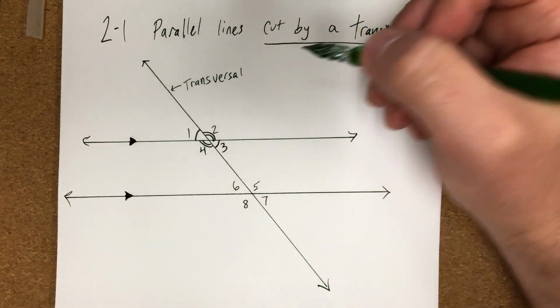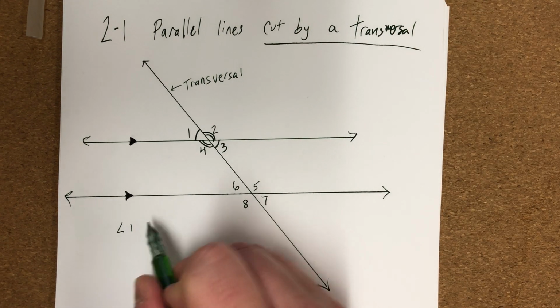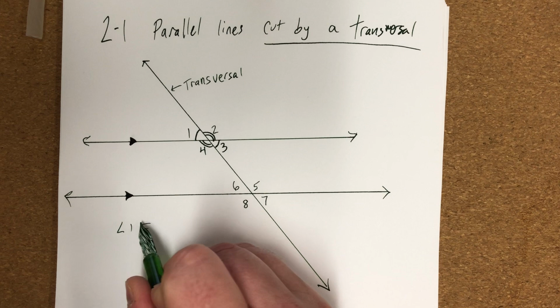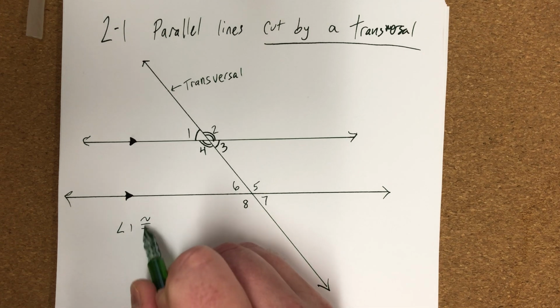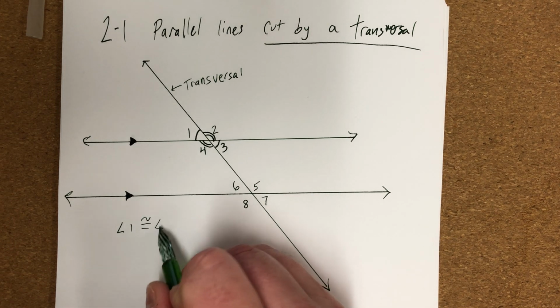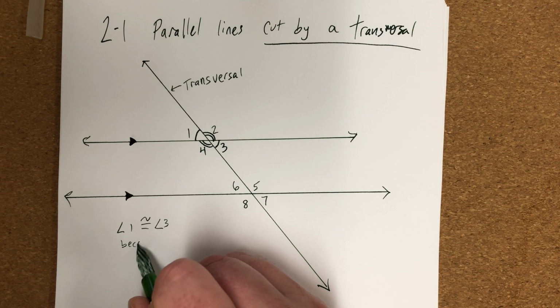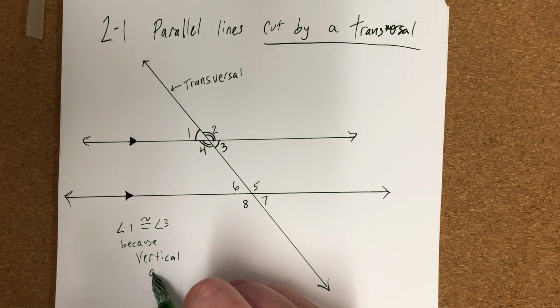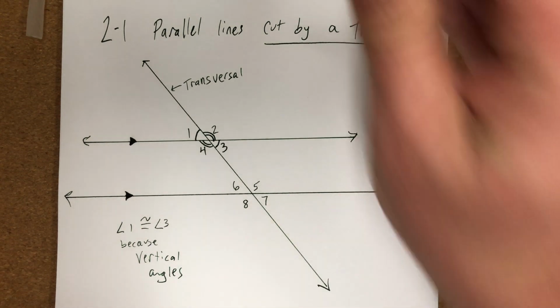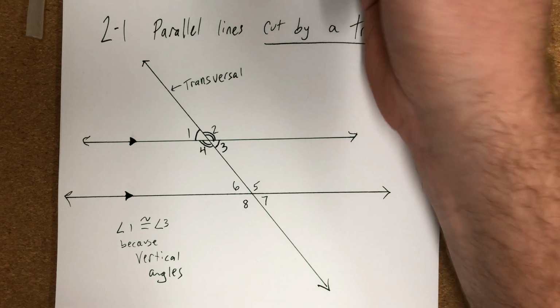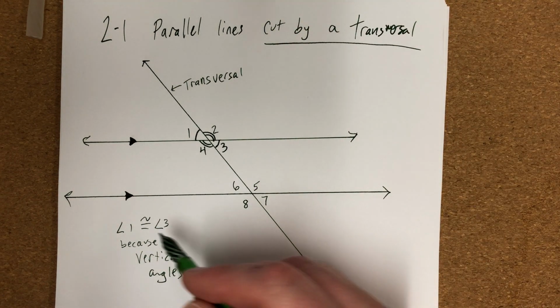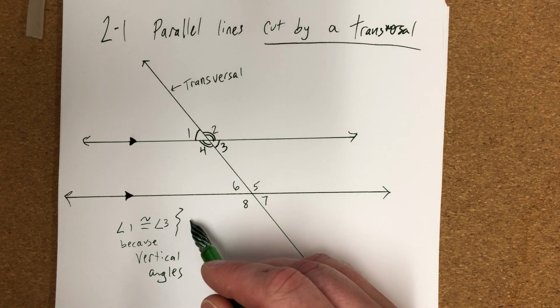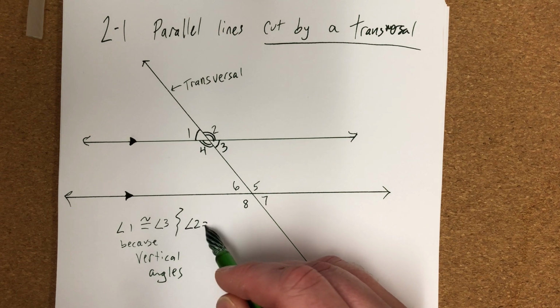And then we could say angle 1 equals, well, we got to use the geometry equals, we got to use our congruent sign, because vertical angles. Okay, so we got that. 1 and 3 are equal because they're vertical angles. So are 2 and 4.